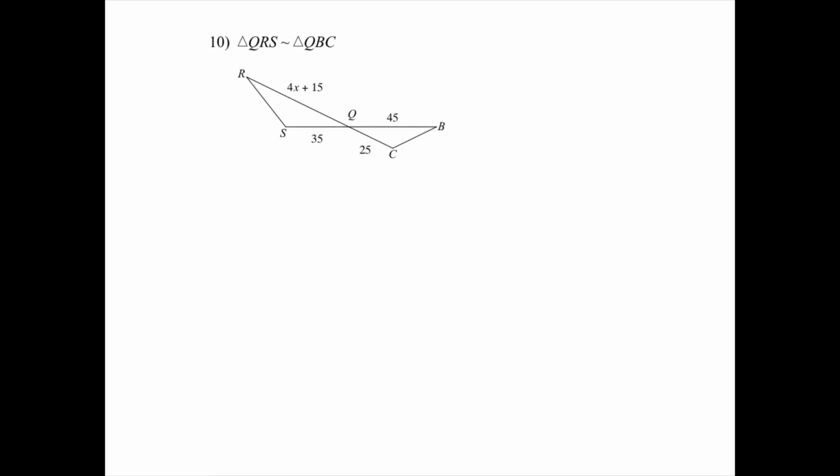The next one again, it's important to check my similarity, right? So Q is corresponding with Q, R is corresponding with B. So sorry, QR is corresponding with QB. So that means that 4x plus 15 divided by 45 equals 35 divided by 25. So 4x plus 15 divided by 45 equals 7 over 5.